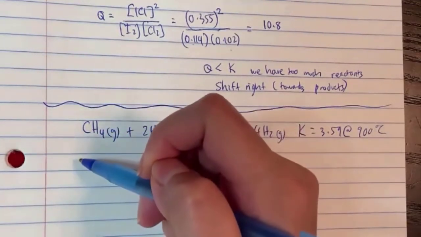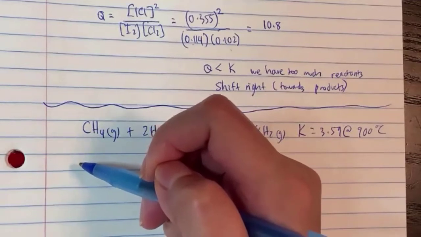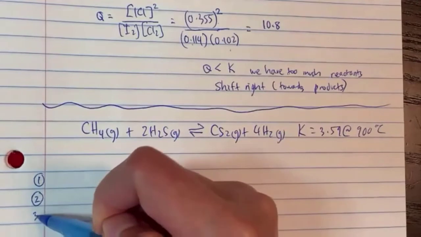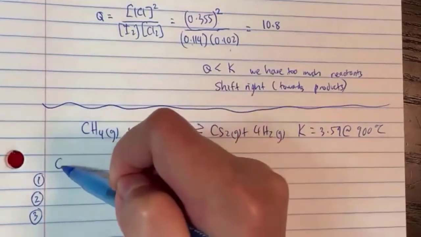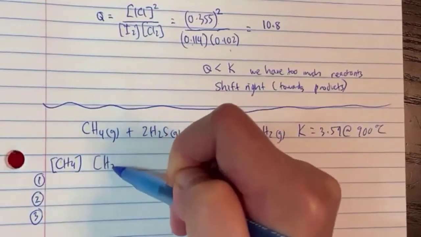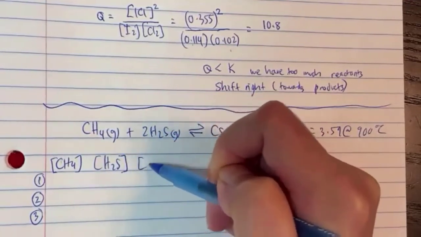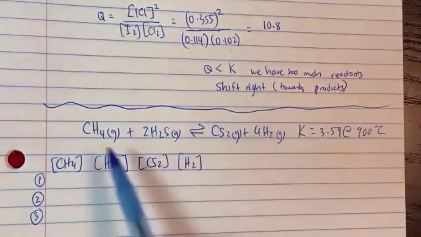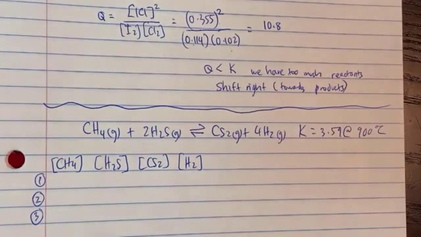So they'll give you a set of 3 reactions. So right now, set 1, set 2, set 3, and you have your set of concentration, CH4 concentration, they put in something, H2S, they put in, and then CS2 and H2. We put in everybody that's not solid or liquid.